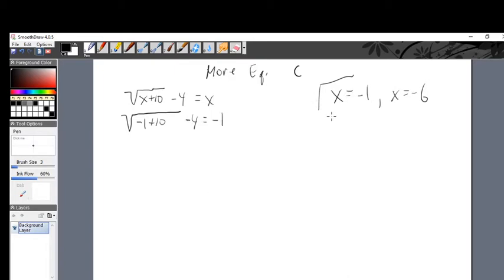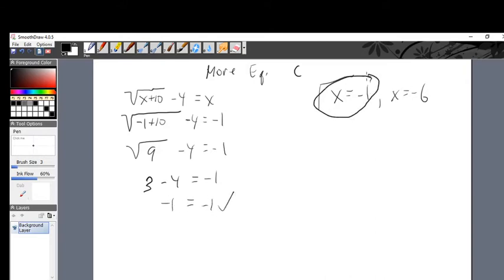What do we get here? The square root of -1 plus 10 is 9. Minus 4 equals -1. What's the square root of 9? 3. 3 minus 4 equals -1. Checks out. This solution is good.